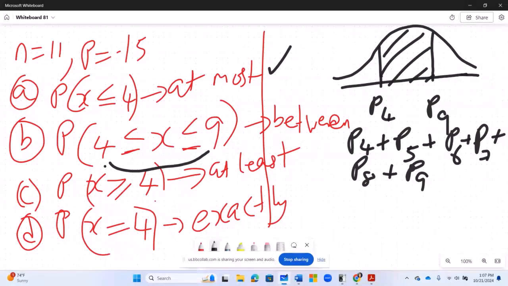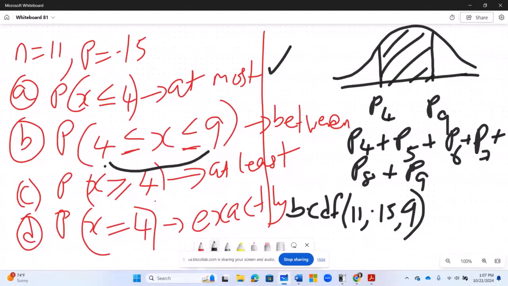So this is what I'm going to tell my calculator now. Find the binomial cumulative density function with 11 trials, 0.15, and random variable 9, minus binomial CDF with 11 and the same probability of success.